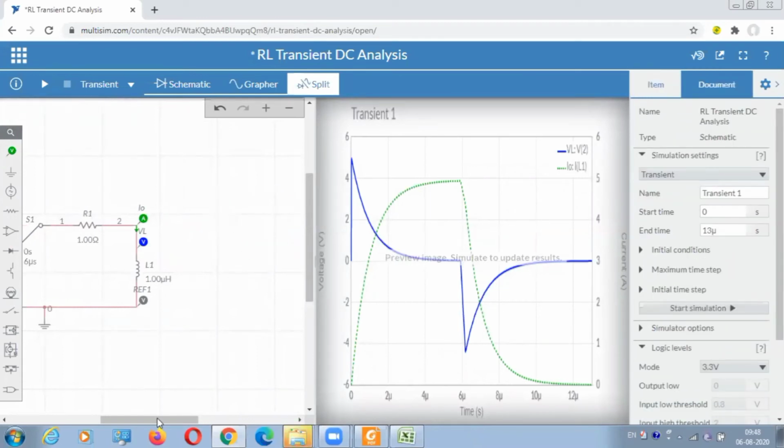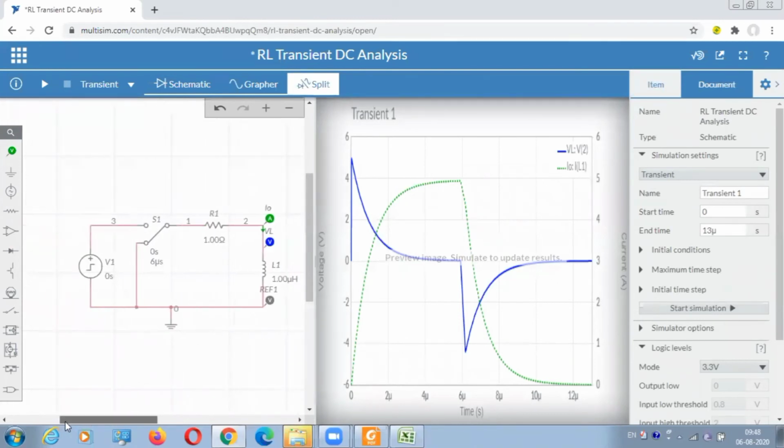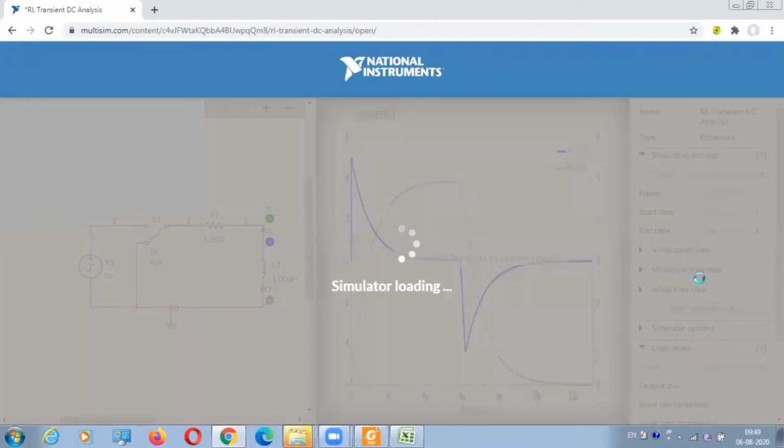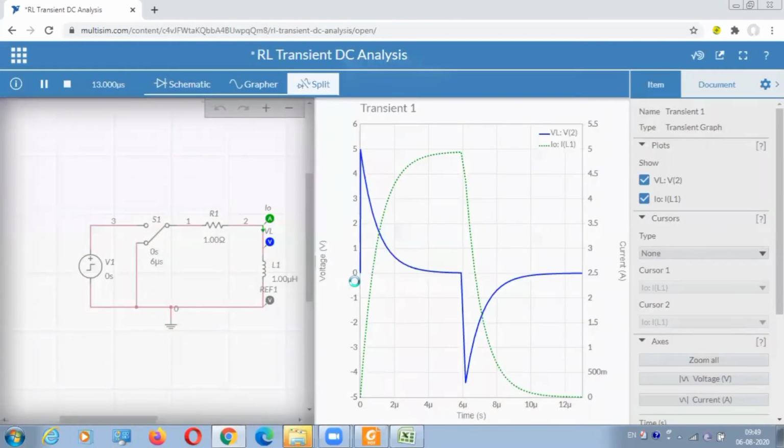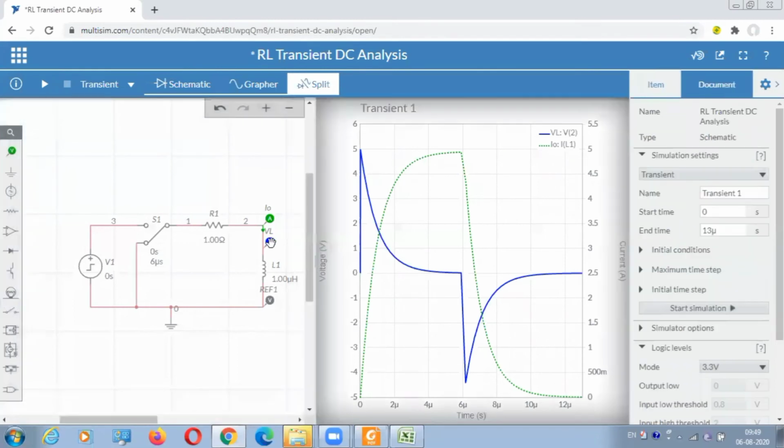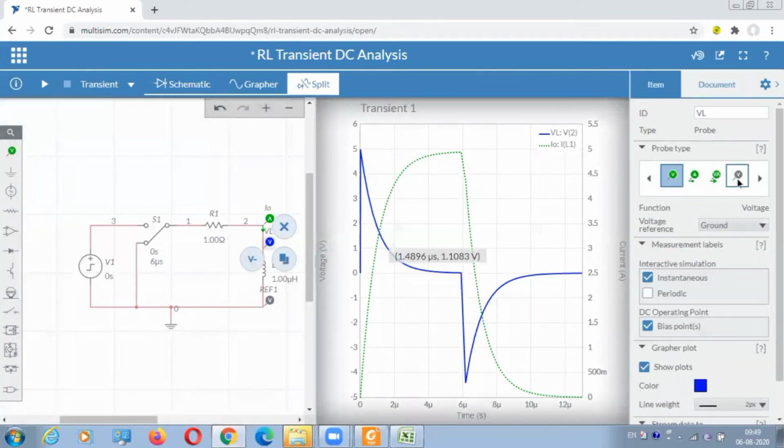So if I go into simulation, I'm not going into how much time and all. I told you yesterday, depending upon the time constant, I've created it, and I have connected a voltage probe over here. If you click on this probe list, you can select probes from here also on the right hand side.